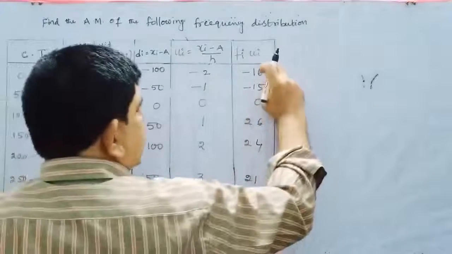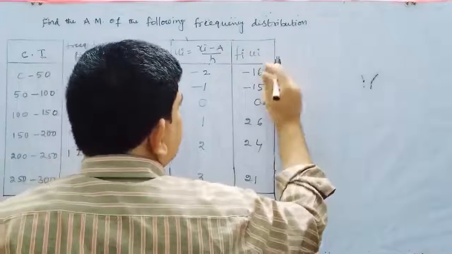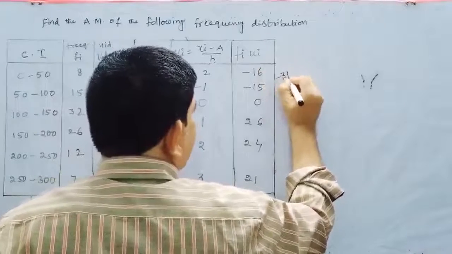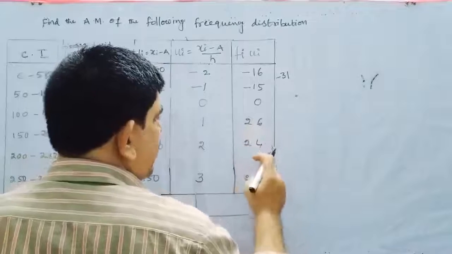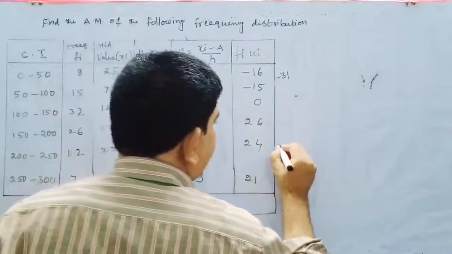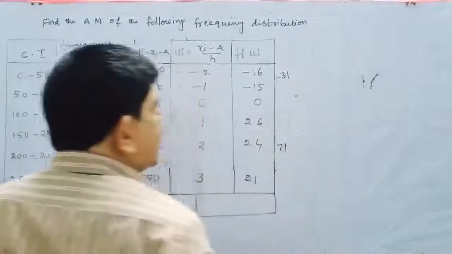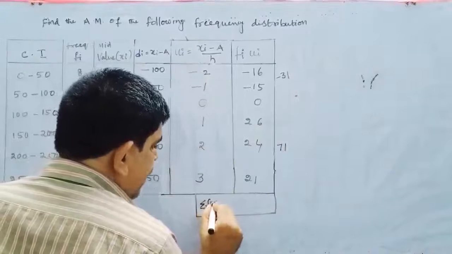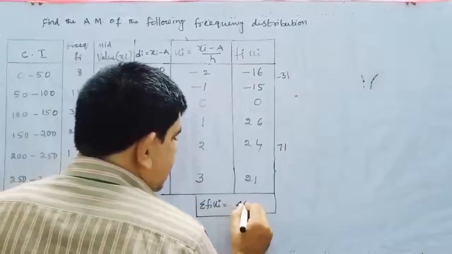Sum of negative values: minus 16, minus 15, minus 31. Positive values: 26, 24, 50 plus 21, 71. Now 71 minus 31, 40. So sigma fi ui is equal to 40.